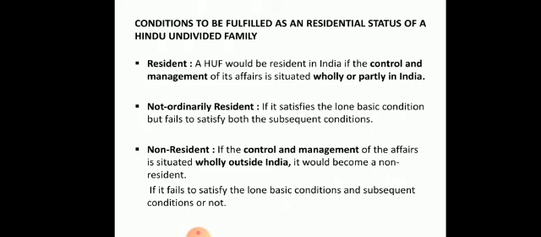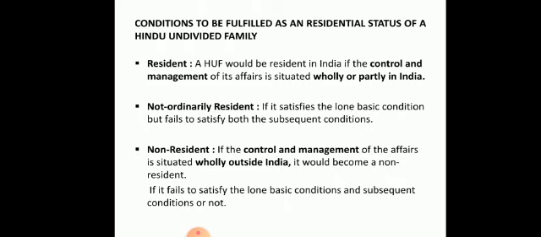Not ordinarily resident in India. As per section 6, subsection 6, a Hindu undivided family is said to be not ordinarily resident in India in any previous year if it satisfies the lone basic condition but fails to satisfy both the subsequent conditions.